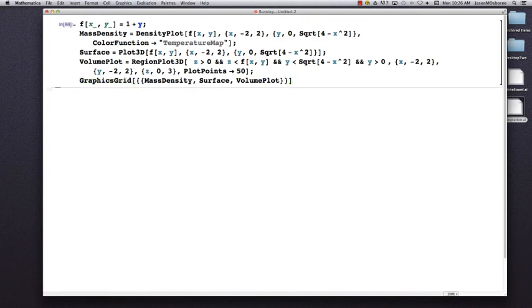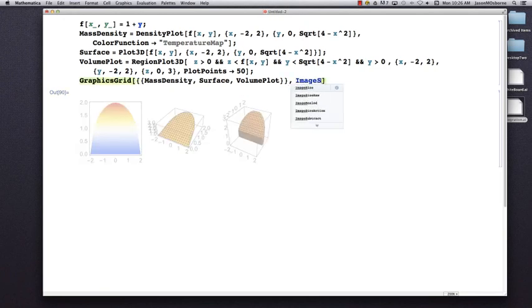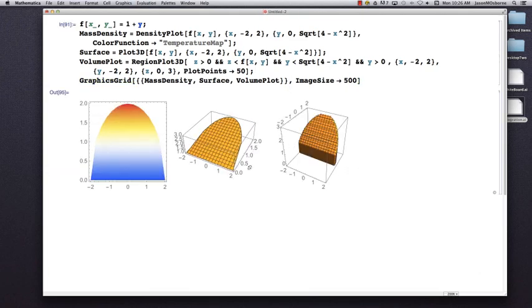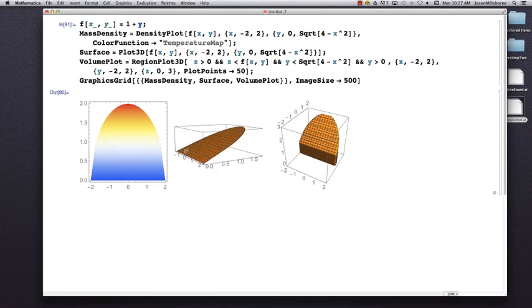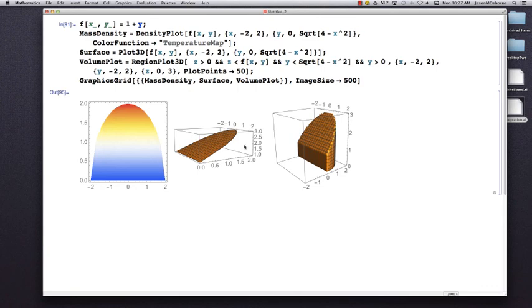And there we are. I can make this a little bit bigger with ImageSize, say 500. Experiment around with the numbers, or you can just drag the whole thing to make it bigger. So there's your surface, there's your density plot, and here is your 3D region plot. And that will be the end of the setup of double integrals and their different interpretations.